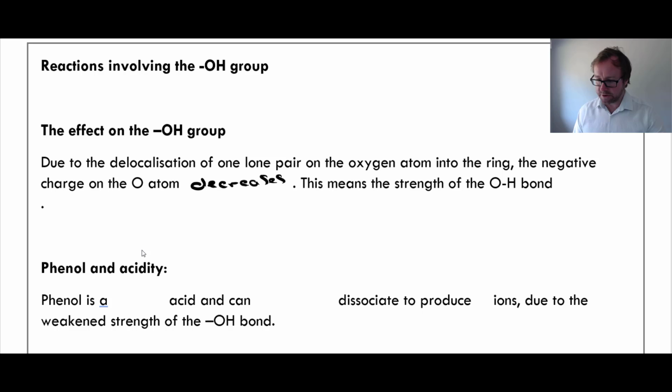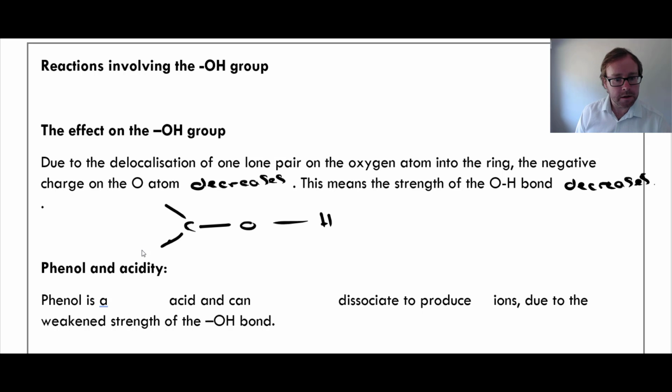This means that the strength of the OH bond decreases, which we've already mentioned previously. Okay, so what happens is my electrons are pulled towards my benzene ring, my pi delocalized system.